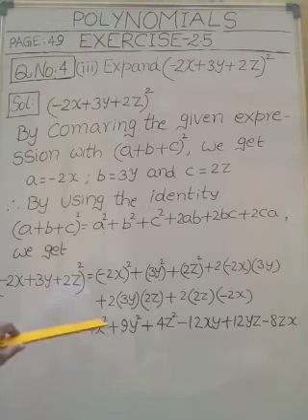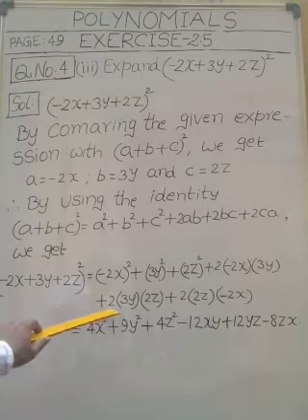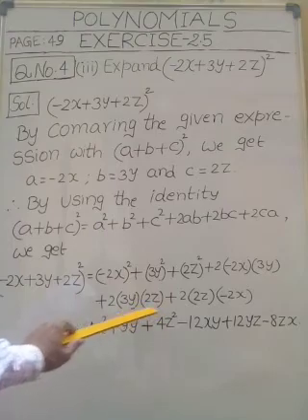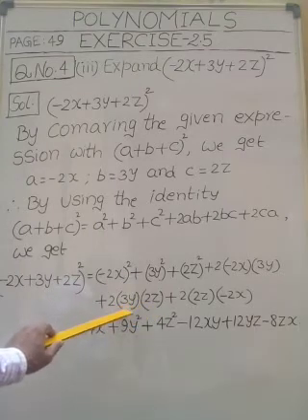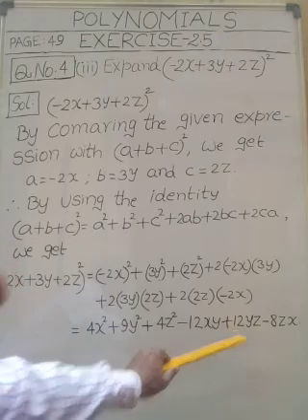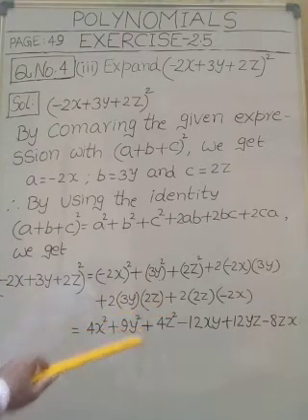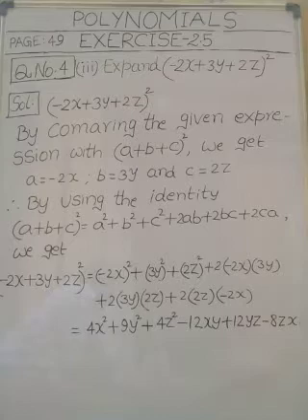Right. Now come to the fifth term. 2 into 3y into 2z. So 2 3s are 6, 6 2s are 12. So we get here 12yz. Otherwise we can simplify this term in the rough work also. Then you get plus 12yz. Understood that fifth term, my children?